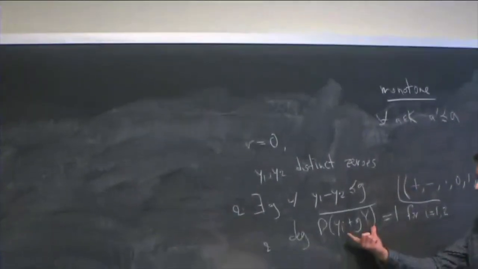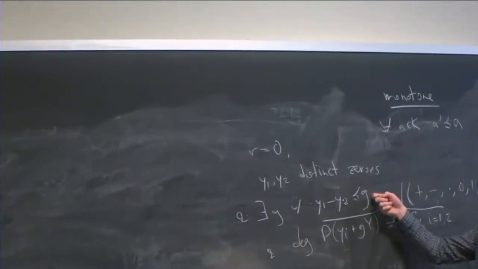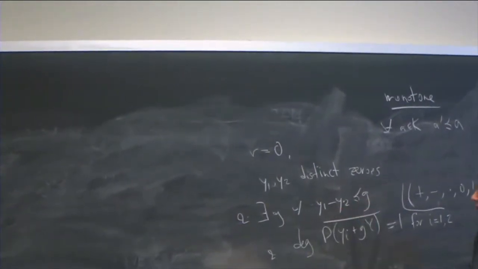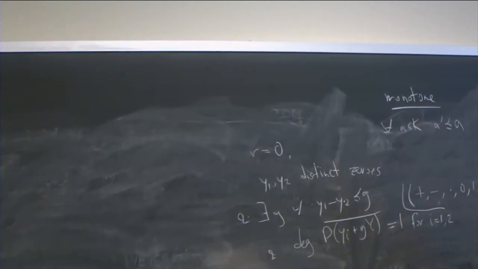So if you make this kind of change of variables, where you shift by this element that is telling you that they're at least that close, then you should have degree 1 in the residue field. Okay, thank you.